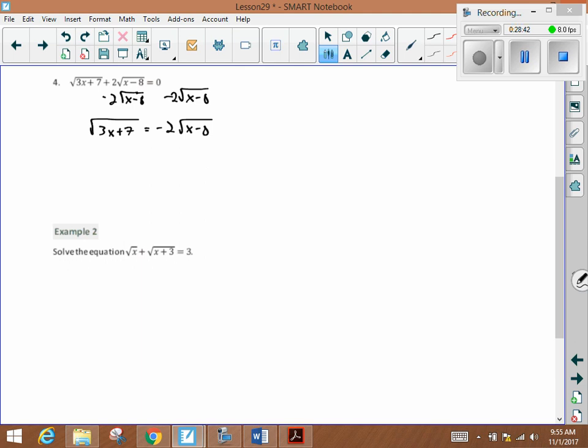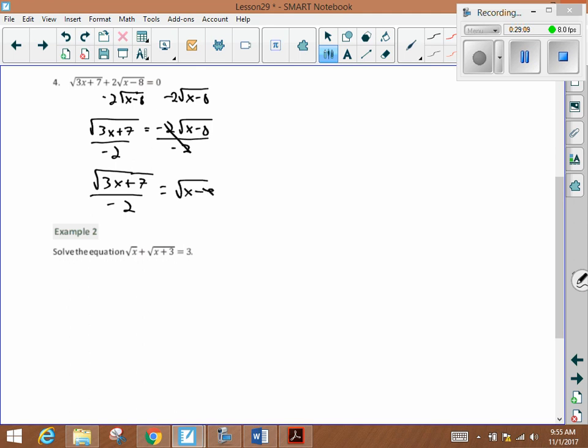And now I need that negative 2 to go away. So I'll divide both sides by negative 2. Those are going to cancel. So I wind up with the square root of 3x plus 7, all divided by negative 2, equals the square root of x minus 8.